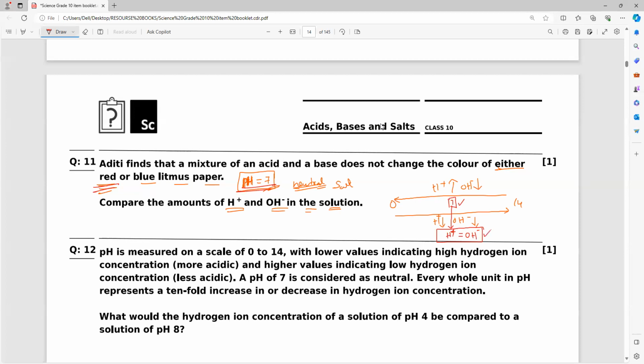The H plus ion concentration equals the OH minus ion concentration for neutral. For acids, H plus ion concentration is more than OH minus ion concentration. For bases, OH minus ion concentration is more than H plus ion concentration. That is the difference between acids, bases, and neutral substances.